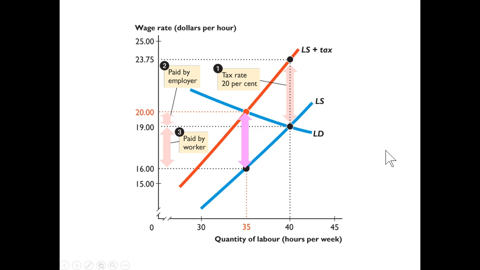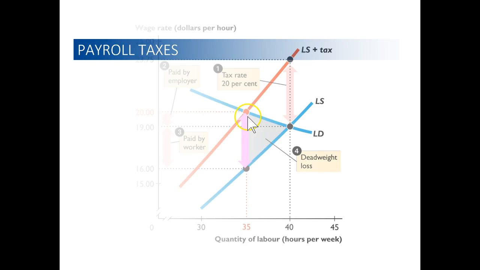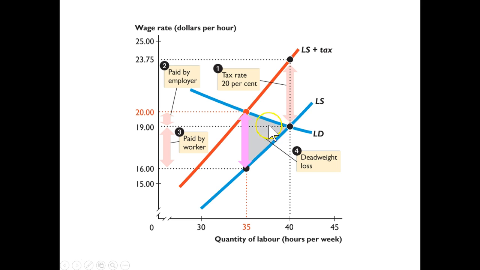And we can also see there, thanks to our welfare analysis, that a dead weight loss has been created. So we've gone from 40 units of labour employed down to 35. So some of the employer surplus is lost and some of the worker surplus is lost.